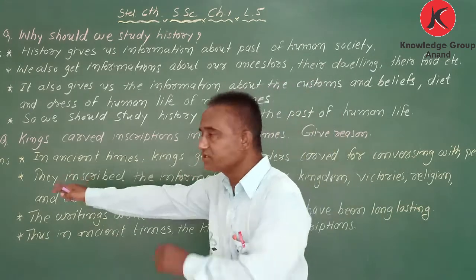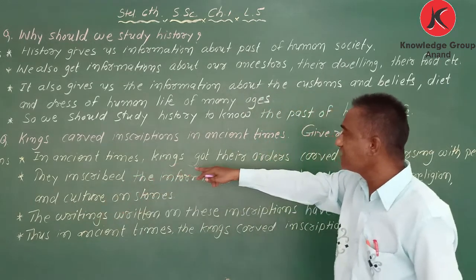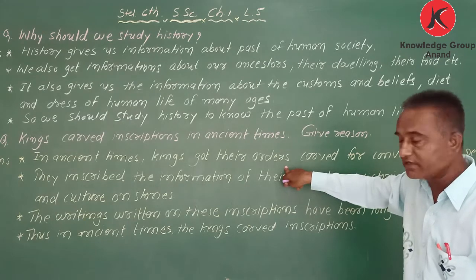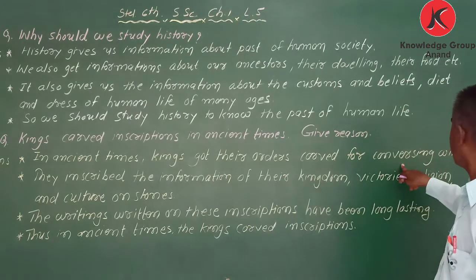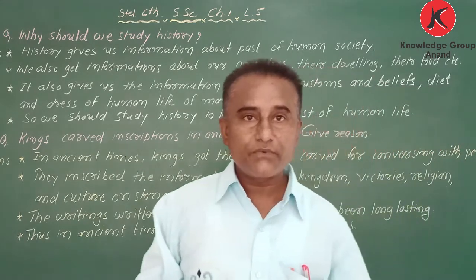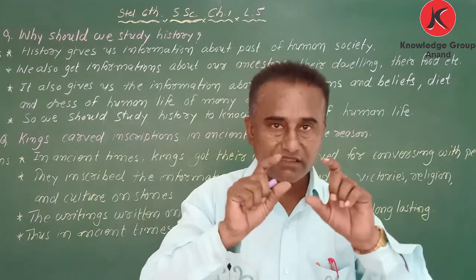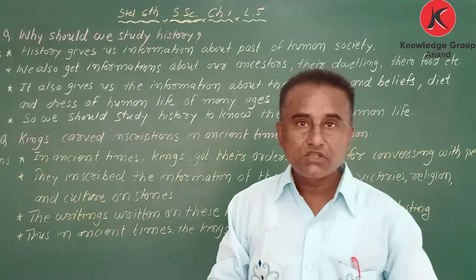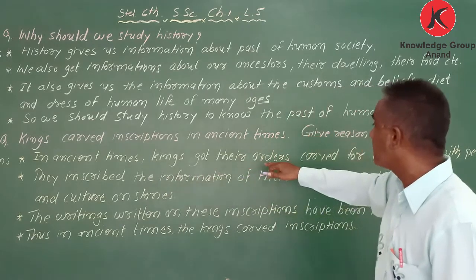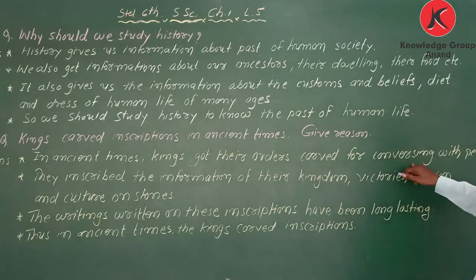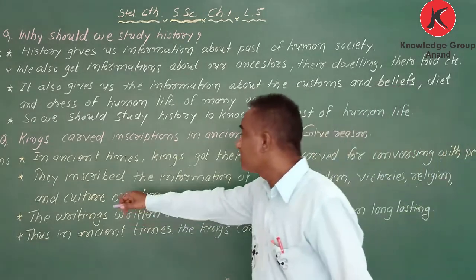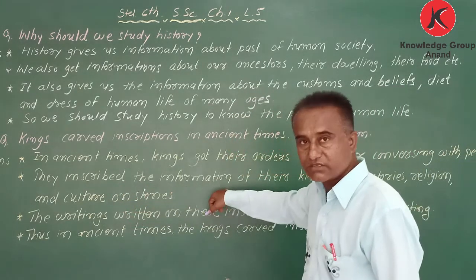Now first point: in ancient times kings got their orders carved for conversing with people. When they gave orders for the people, these things were written on stones, so people could read them. Conversing means talking.